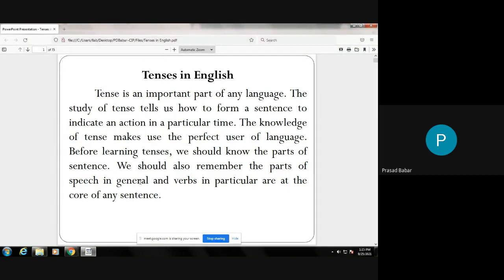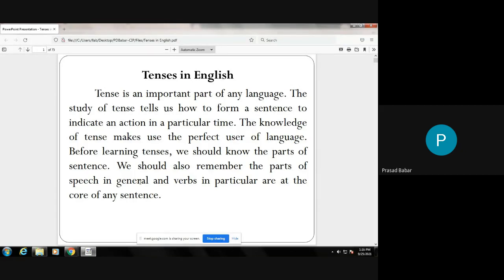Okay, so you should also remember the parts of speech in general, and verbs in particular are at the core of any sentence. So see this sentence. We should also remember the parts of speech.